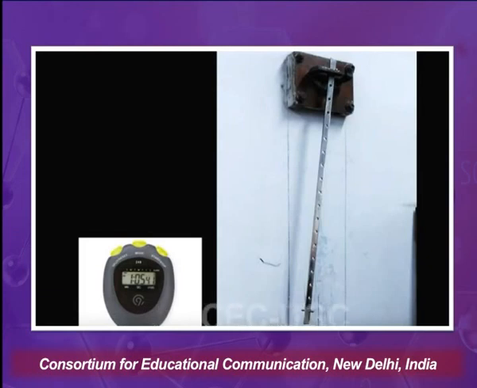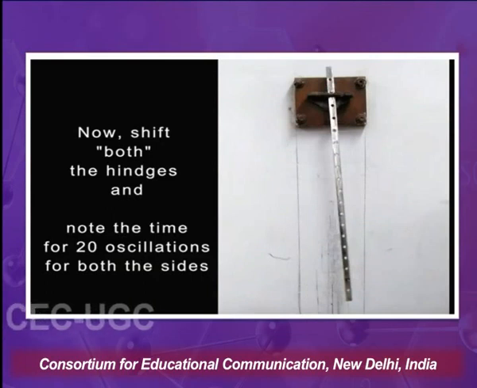Now we can start to oscillate our bar. Suppose we are planning to take the time for 20 oscillations. You start to oscillate the bar, and for 20 oscillations you note down the time with the help of the stopwatch.